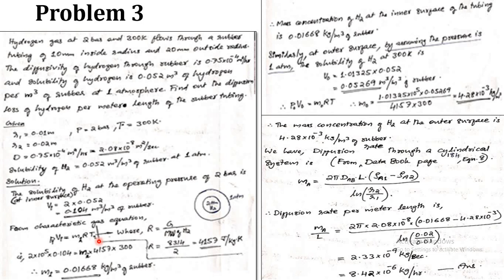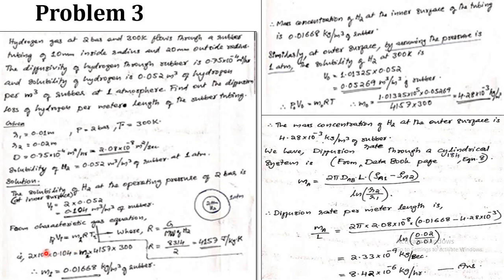In this equation, R is the characteristic gas constant of hydrogen, equal to the universal gas constant divided by the molecular weight of hydrogen. The universal gas constant is 8314 joule per kilomole Kelvin. Dividing by the molecular weight of hydrogen, which is 2, we get 4157 joule per kilogram Kelvin.